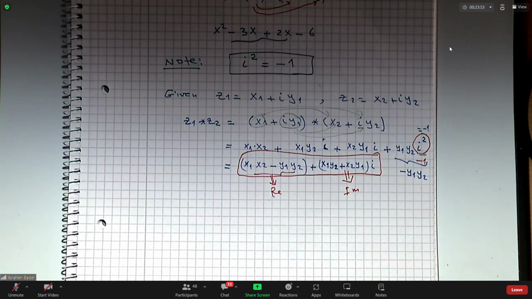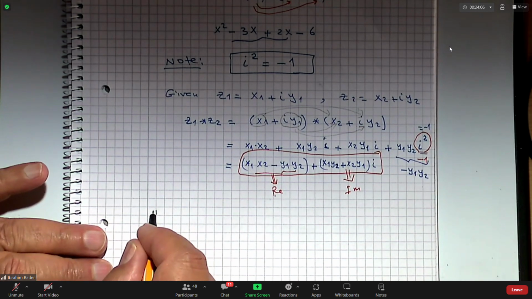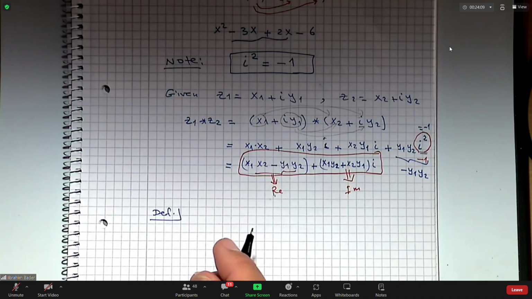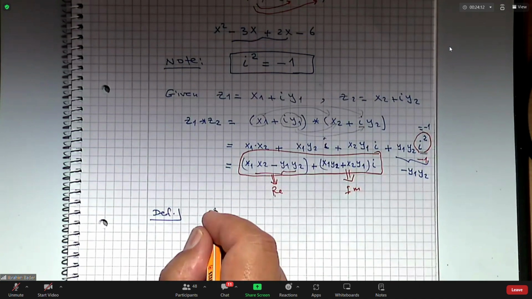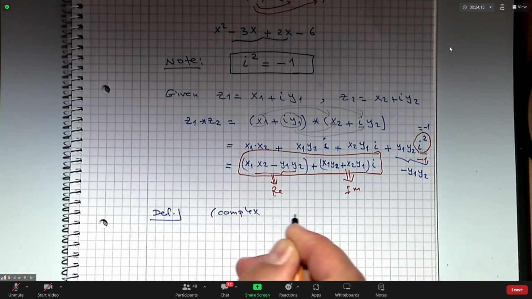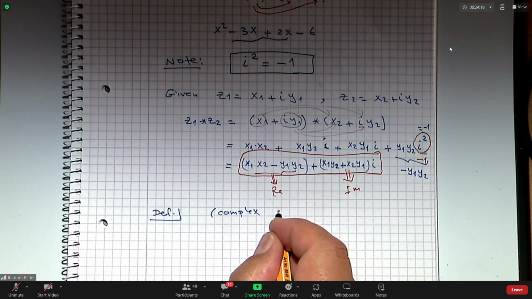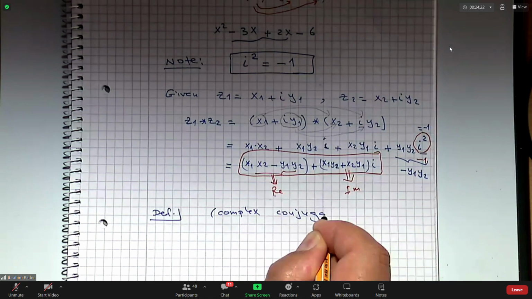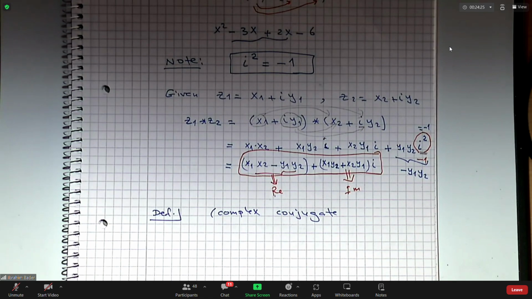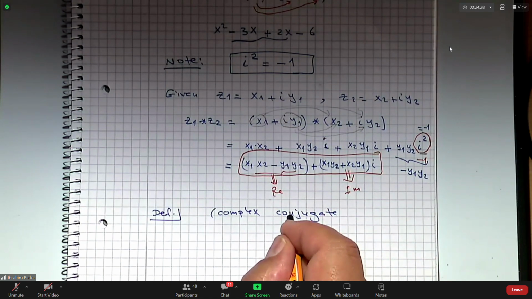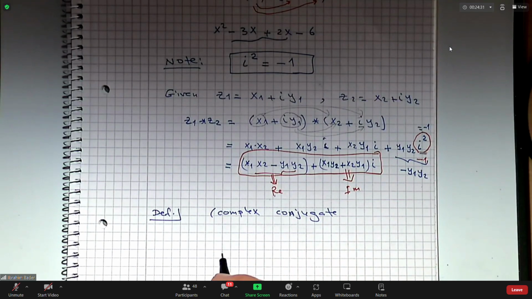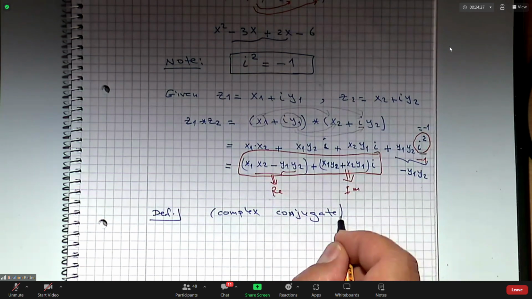But before that, let me define the following, and we will be using a trick here that is very often used: the conjugate of a complex number.